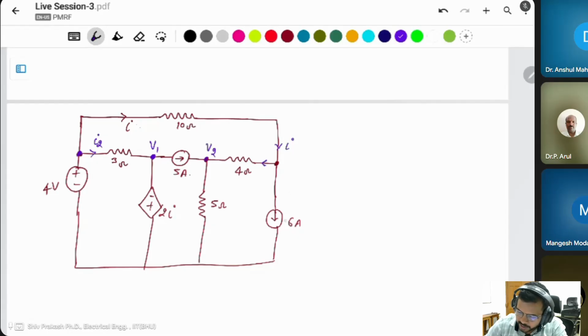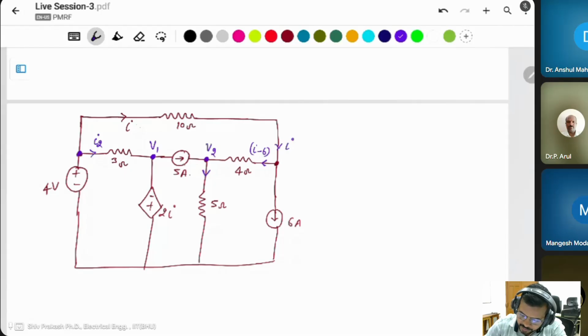6 ampere current is going here, so this will be I minus 6. After this current meets here plus 5 ampere, then what is this current?